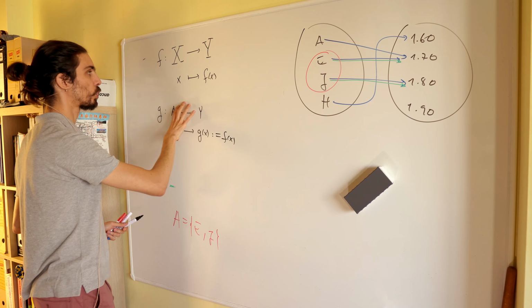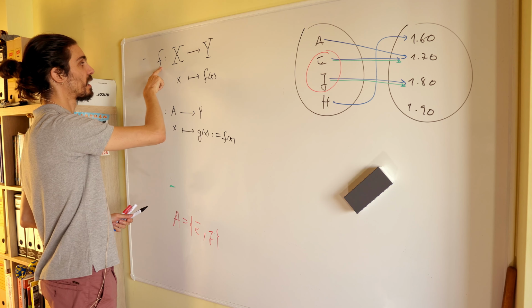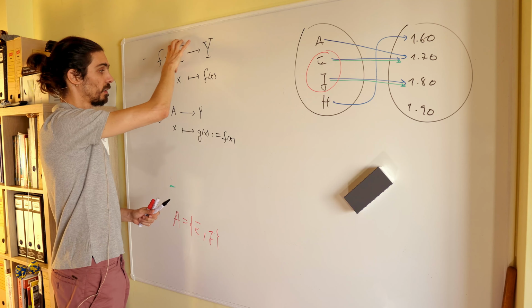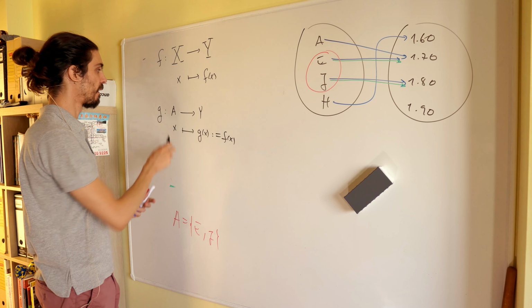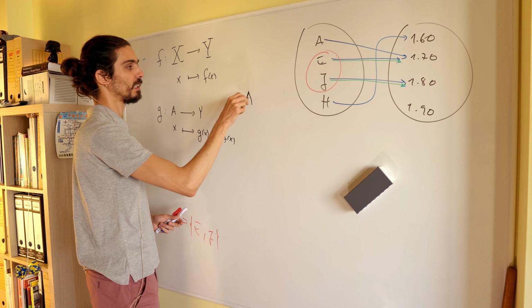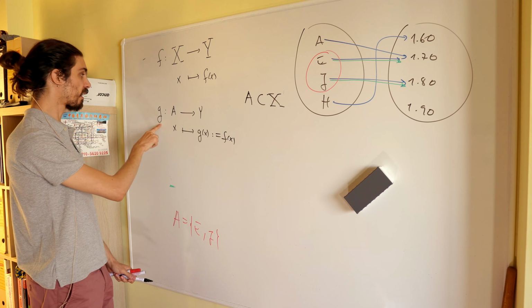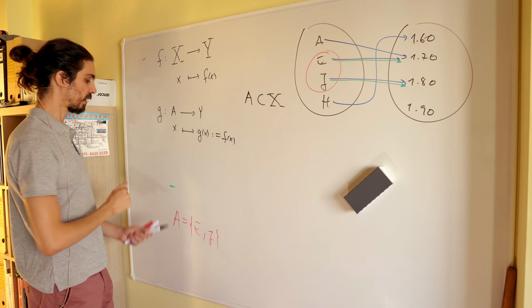This function is constructed from this function. How? Well, it's just instead of thinking about f acting on all possible elements of x, the domain, let's just consider a subset of x, namely A. So A is a subset of x. And I'll just think f acting on those elements, well, gives us the function g.